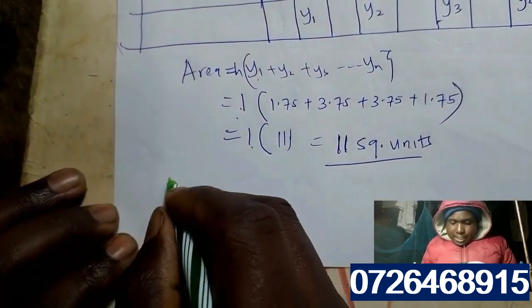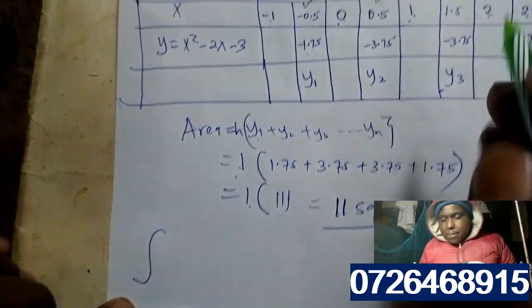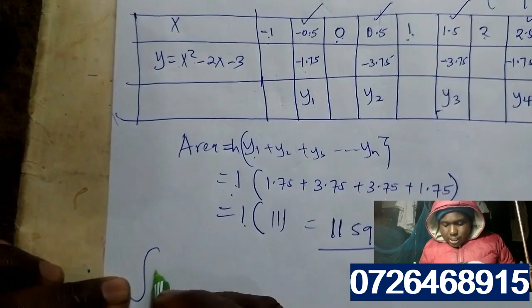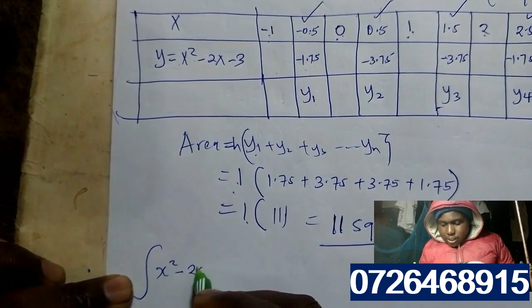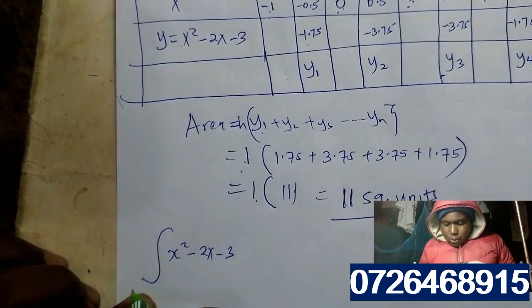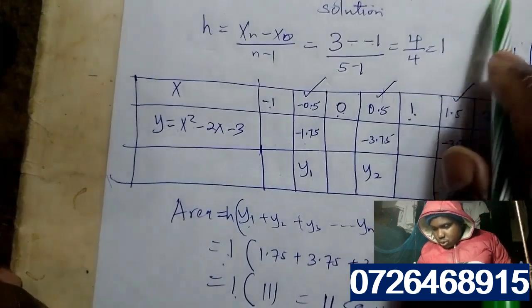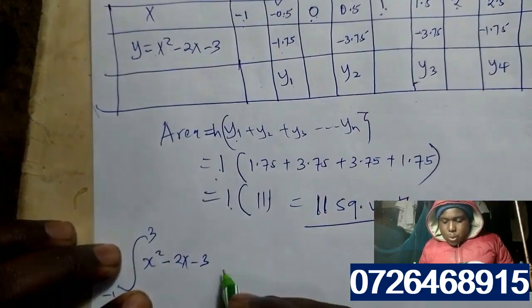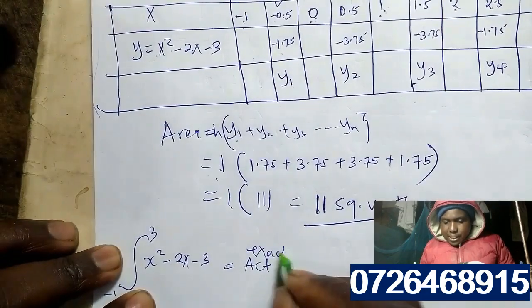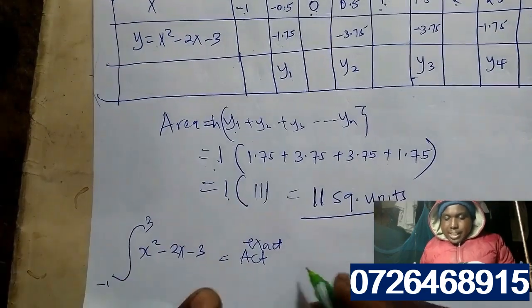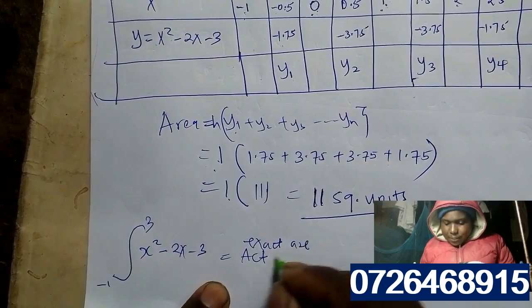When you integrate this curve, x square minus 2x minus 3 from -1 to 3, you will get the exact area.